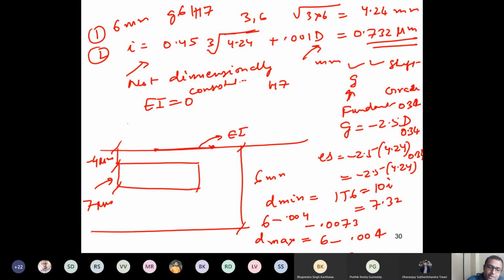Now the band for IT7 is 16i. I'll just show you there.